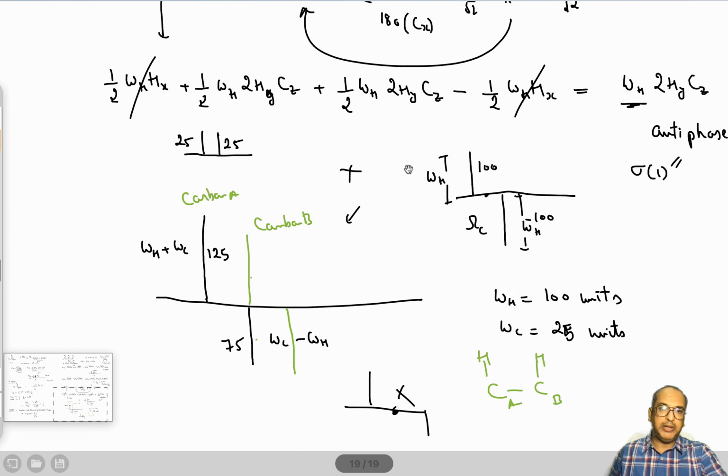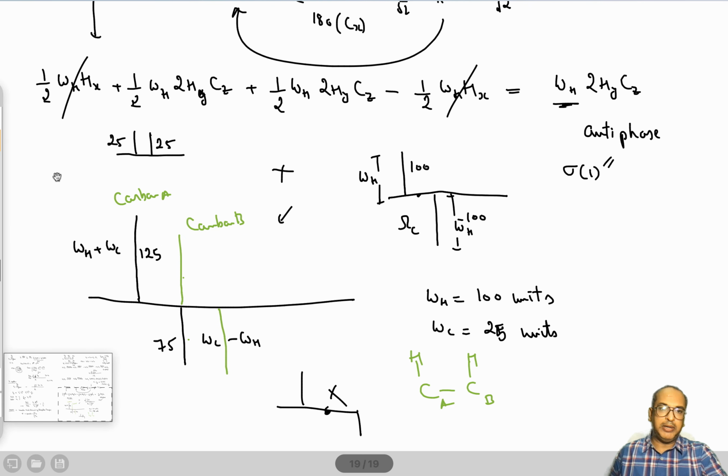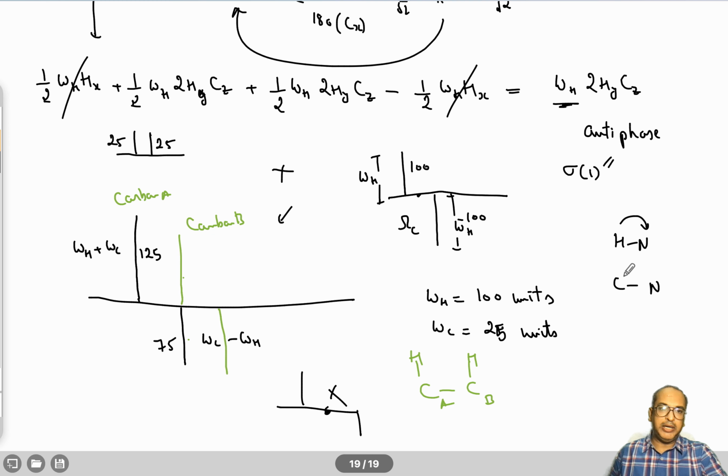So here we have made use of that, and similarly we can make use of this in proton to nitrogen; we can transfer proton to nitrogen, we can transfer carbon to nitrogen. Here we have done proton to carbon, and so on and so forth, right?